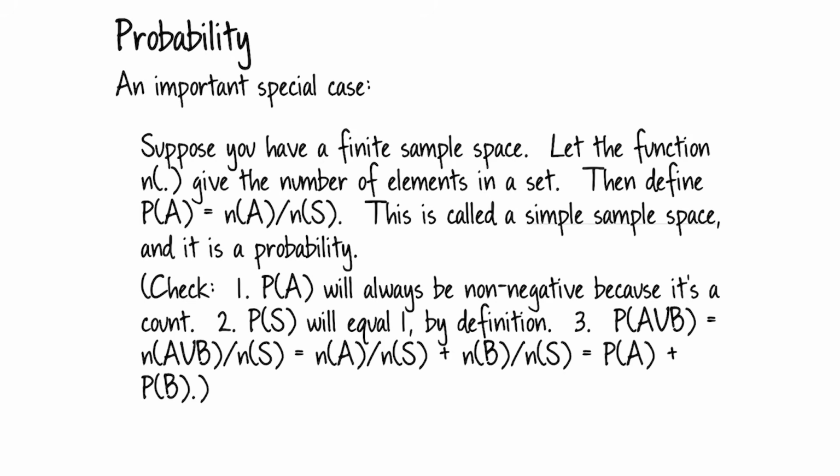And axiom 3, the probability of the union of A and B is just equal to the number of elements in the union of A and B. Since they're mutually exclusive, that means it's just equal to the number of elements in A plus the number of elements in B. And then that's just equal, by definition, to the probability of A plus the probability of B. Questions about this?